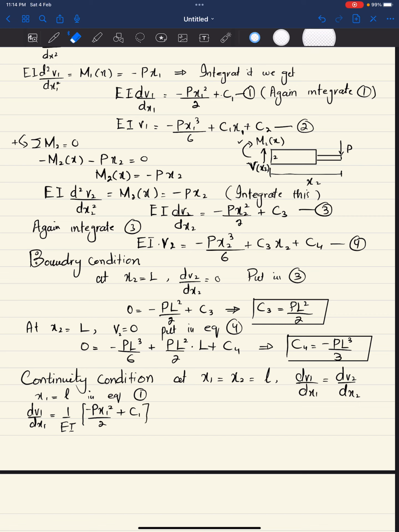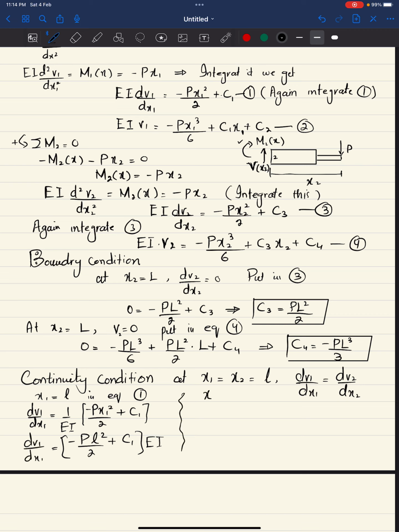So you have to put x1 is equal to small l, so minus P l square over 2 plus C1, into 1 over EI. This will be equal to dv1 over dx1.